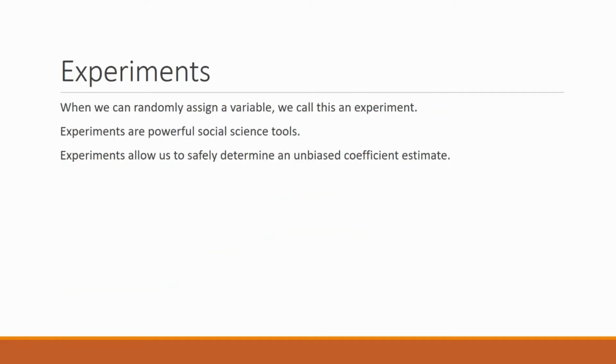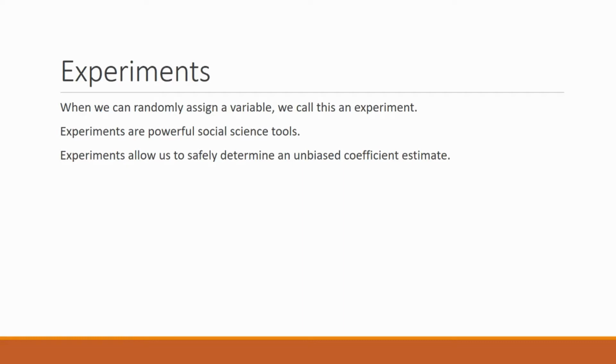Okay, so now that's randomization. When we as economists use randomization, we are performing an experiment. So when we randomly assign a variable, we call this an economic experiment or just a social science experiment.